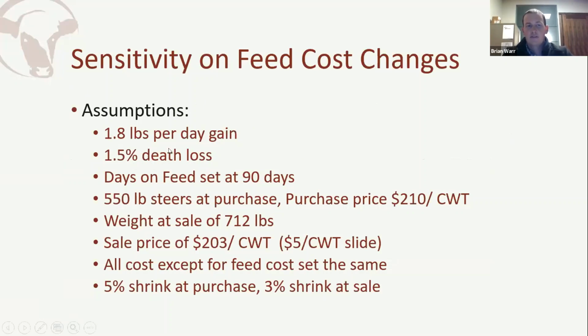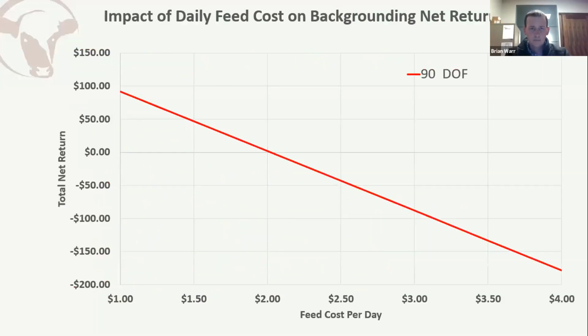I'm going to have a 550 pound calf at purchase, and I'm going to sell him at 712 pounds. And I had some set parameters on shrink. So those are the parameters I used for this 90-day model. And then what I did was I went and put different daily feed costs into the BCRC calculator.